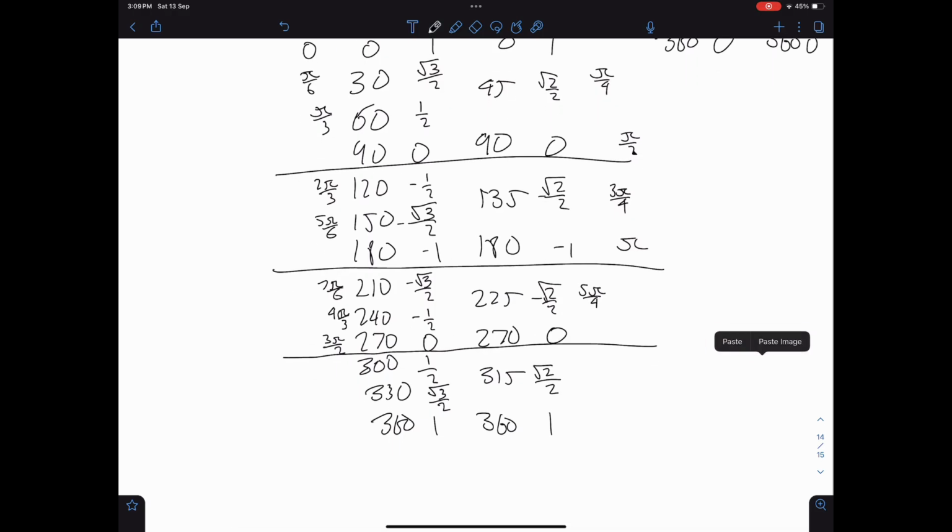This one here would be 7 pi over 4, I think, yeah. And this one would be 5 pi over 3. This one here would be 11 pi over 6, and then this will be 2 pi.